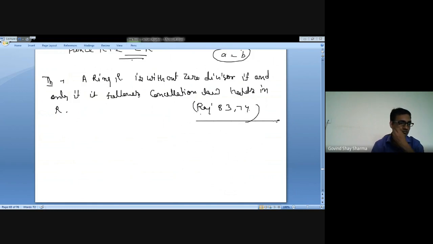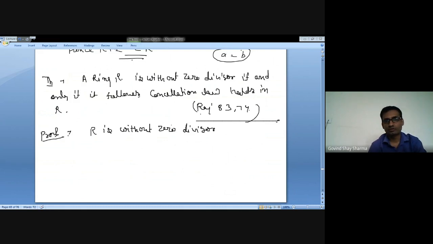Right. So, proof. R is without zero divisor.